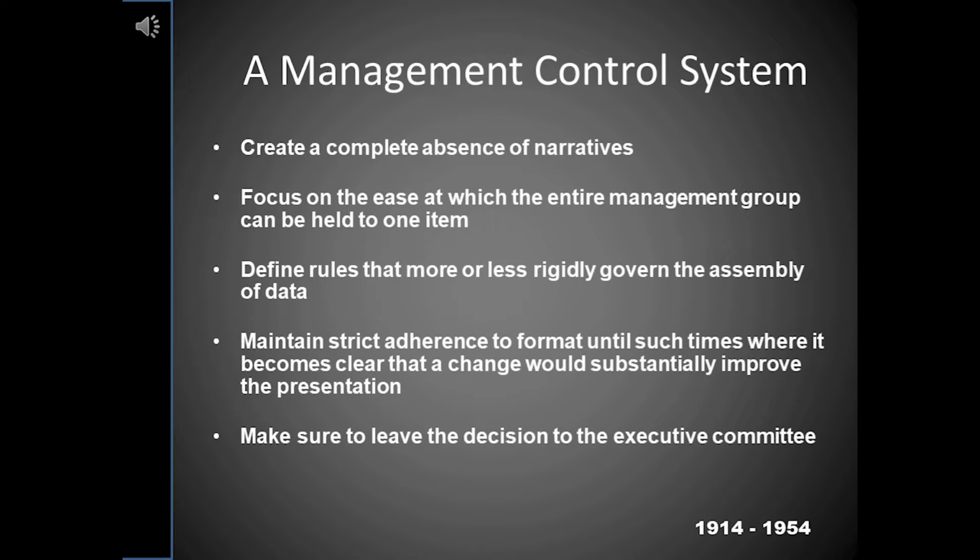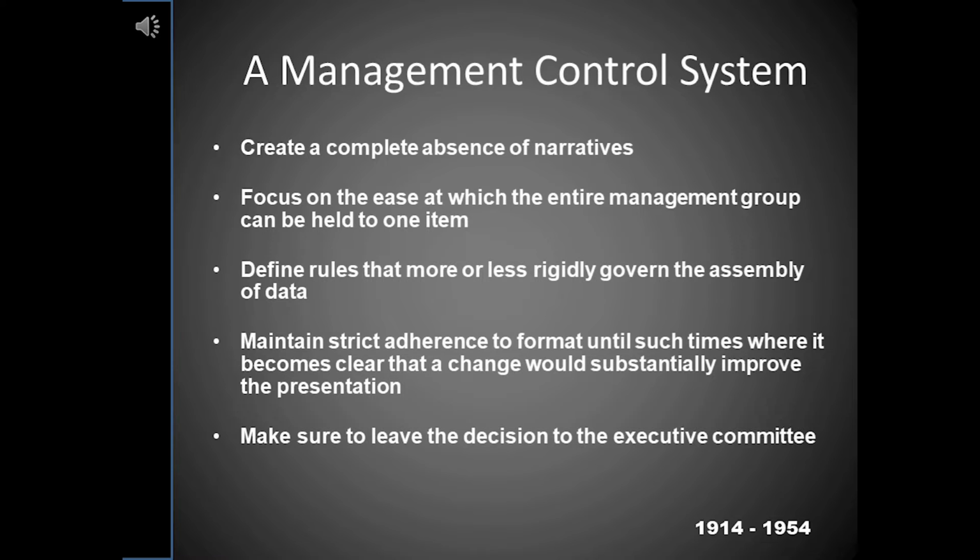The third rule was to define a system or rules that more or less rigidly would govern the assembly of data, and that's a pyramid, so that we would be fairly clear on how the ROI was actually calculated. The fourth rule was to maintain strict adherence to the format until something better would come along.